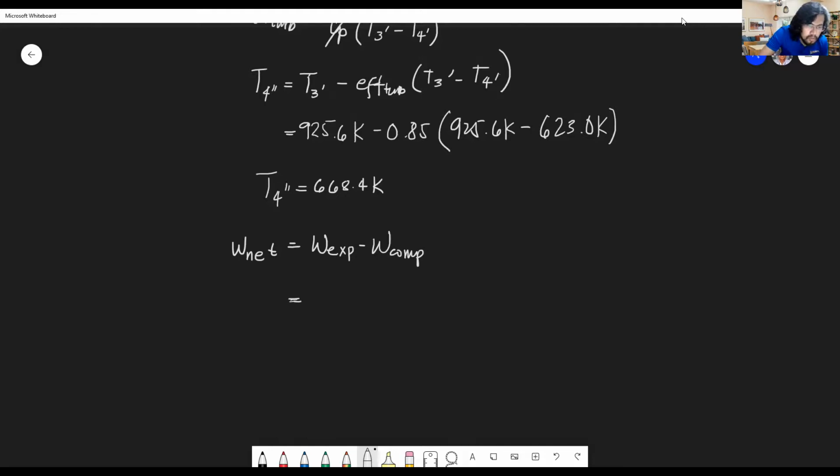So the work of the compressor is Cp times T2 prime minus T1, and we get what?